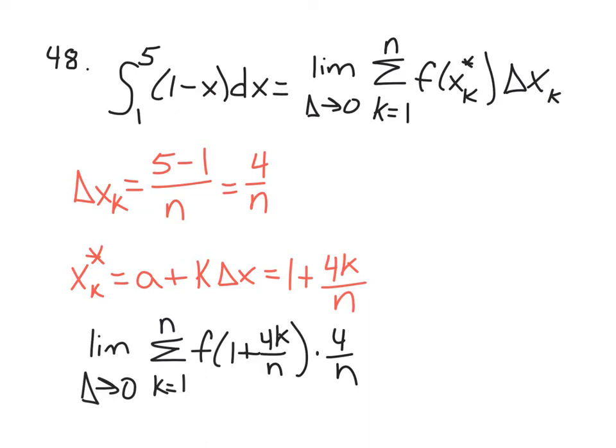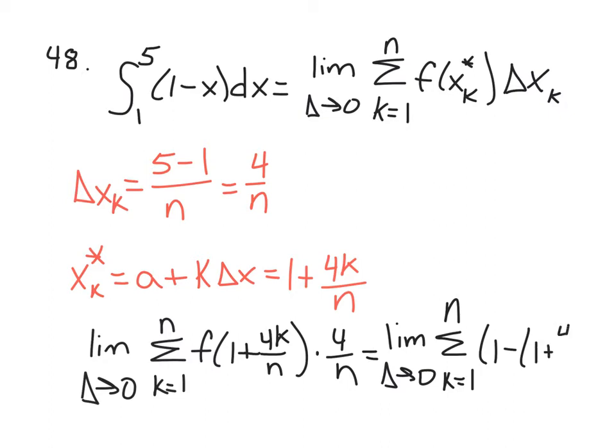So then I can simplify that down. Hopefully I don't run out of room here, but our function now is going to be 1 minus what we just found here. I'm totally going to run out of room. And then times 4 over n. Boom, look at that. 4 over n.